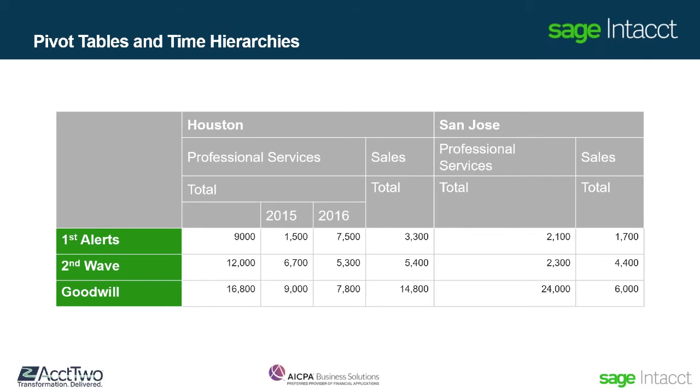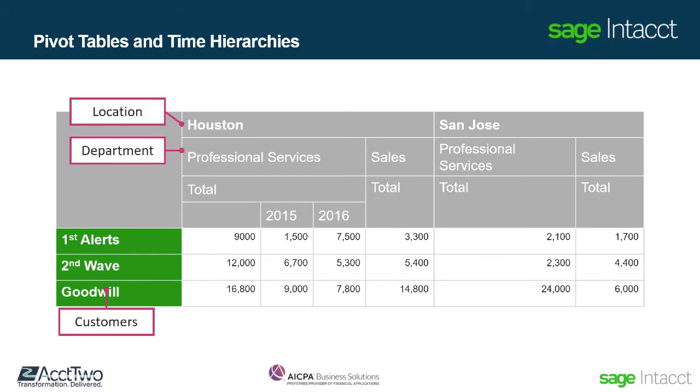What you see here is the ability to take advantage of our dimensions. We're going to use customers, locations, and departments, and those are standard dimensions to us in Sage Intacct. Then we're going to look at that data expanded over time.